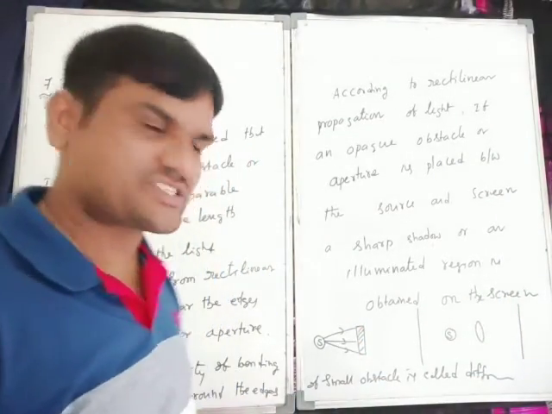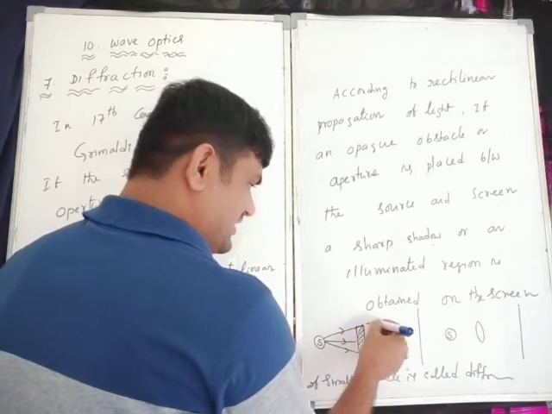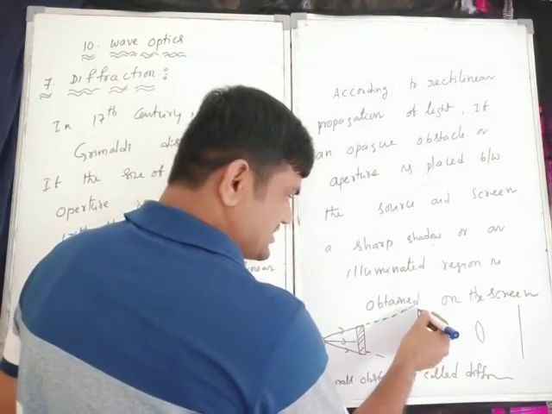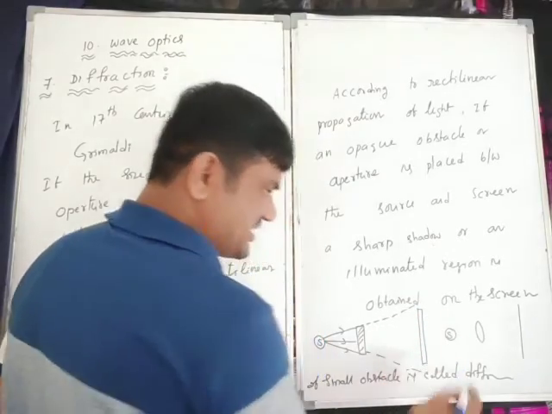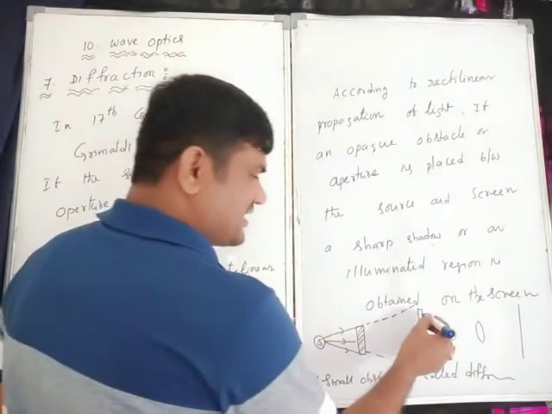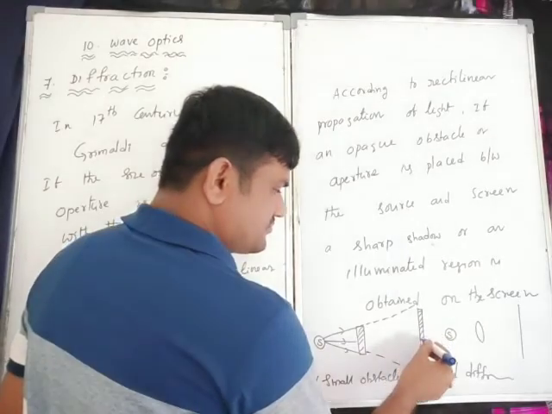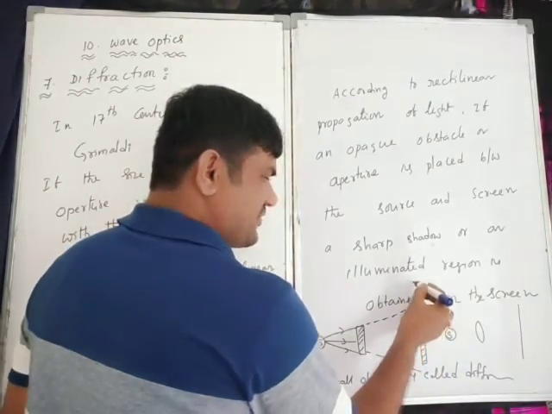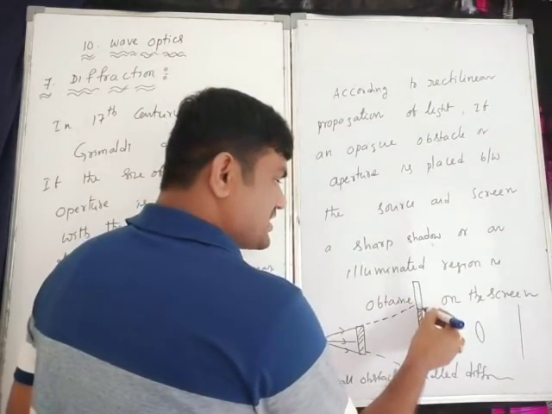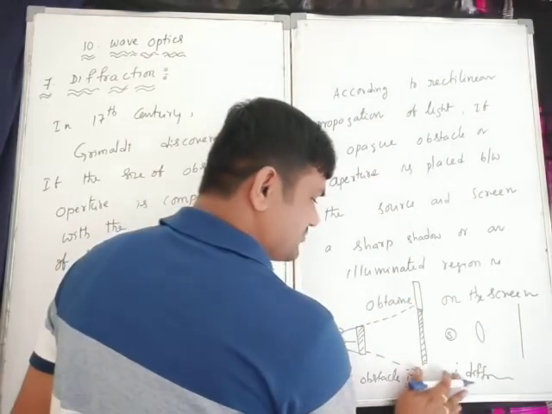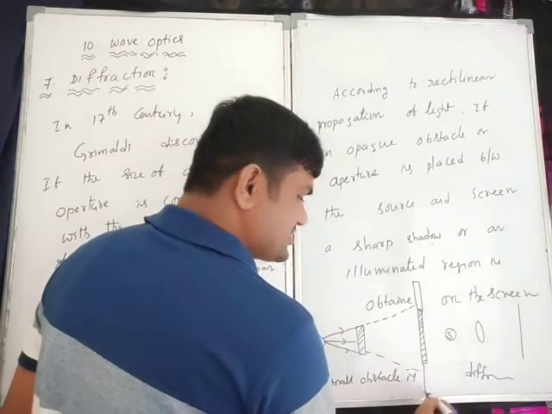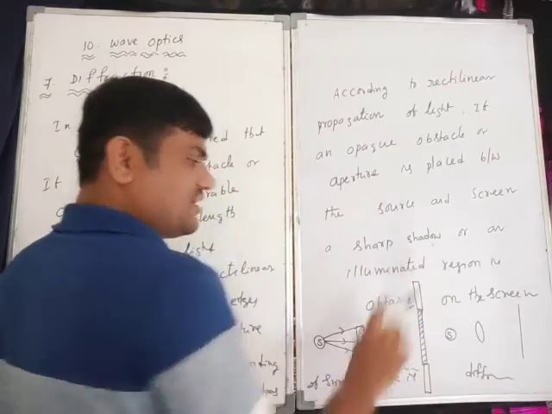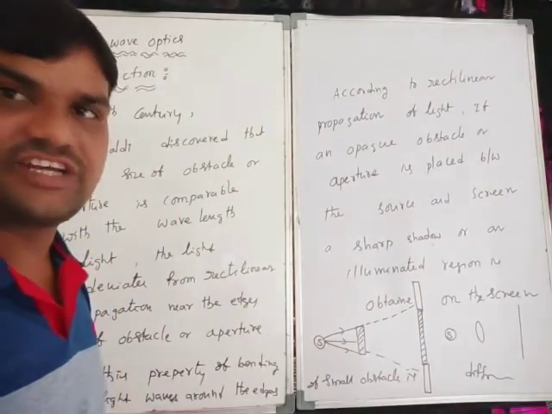For example, here a dark region can form on the screen, and above the dark region an illuminated region can form. So this is the dark region and here the illuminated region.